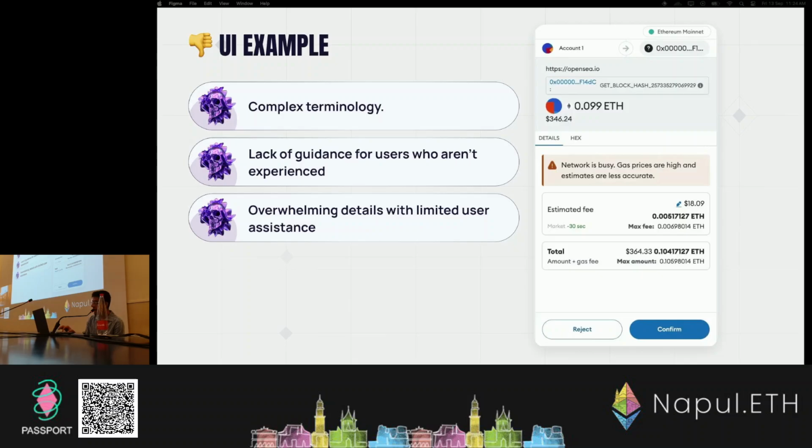And the average user probably doesn't understand what gas fee means, and the numbers like the max fee and total are complex, and they're displayed in both crypto and fiat, adding to the confusion. So this is not just overwhelming, it's actually dangerous, because users could mistakenly approve transactions without fully understanding the costs or risks.